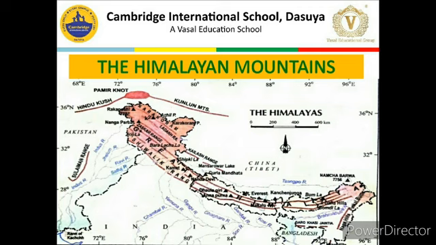There are many mountain peaks which are more than 8000 meter high here, and they remain under permanent snow throughout the year. The highest is Mount Everest with 8850 meter height above the sea level. So this was all about the Himalayas highlighted with brown color in the map.